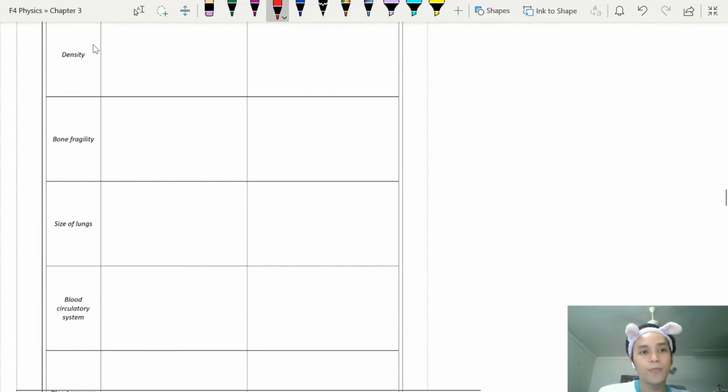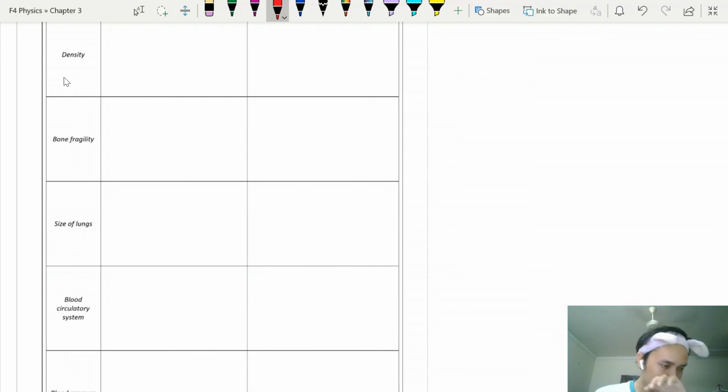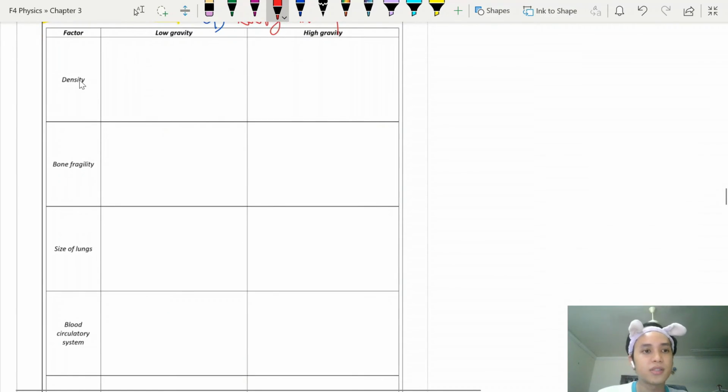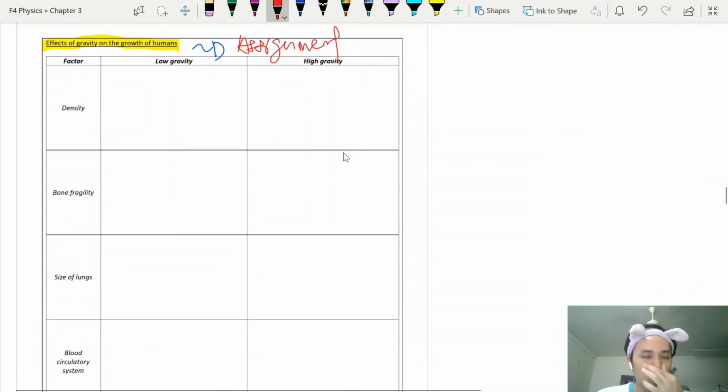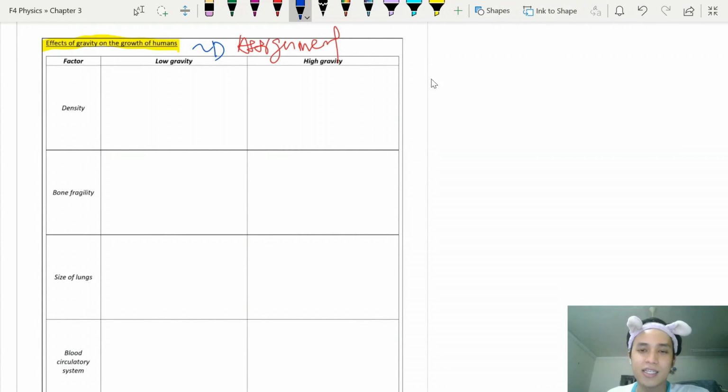There are tons of resources that explain the effect on the growth of humans. So I'm just going to give you one example. Let's say the height. This one, for those who are very short, is good news for you. Why?